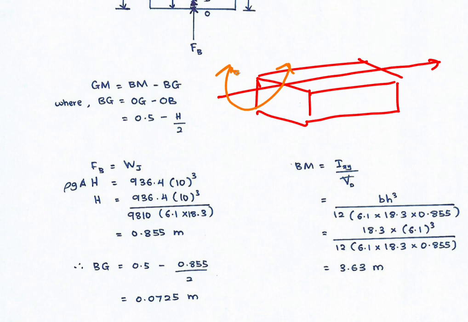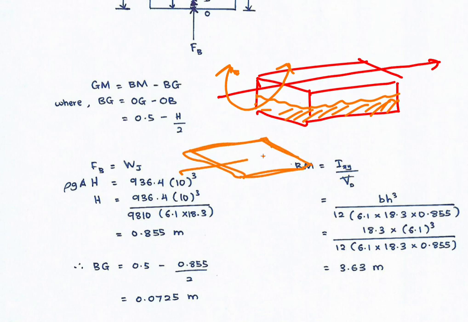That means we need to know the area on the surface of water. This is the area on the surface of water, and the area is rectangular. So now our analysis is about the rotating moment of a rectangle about this axis.